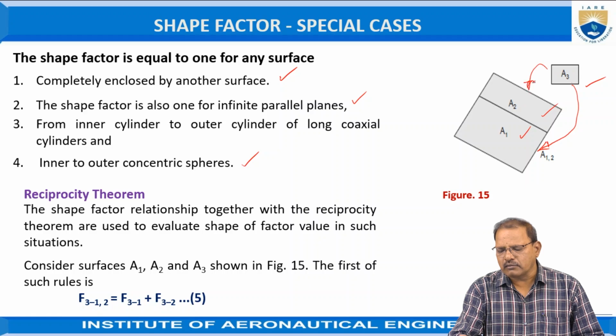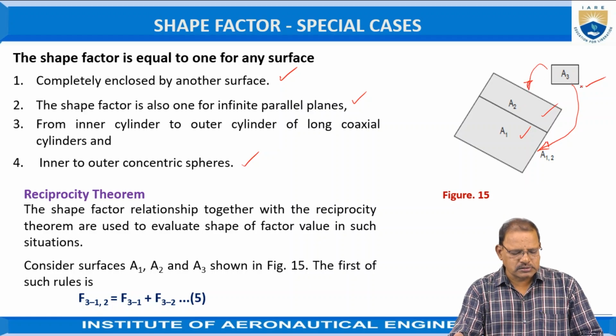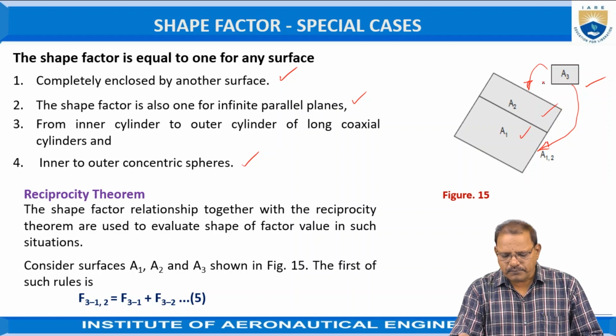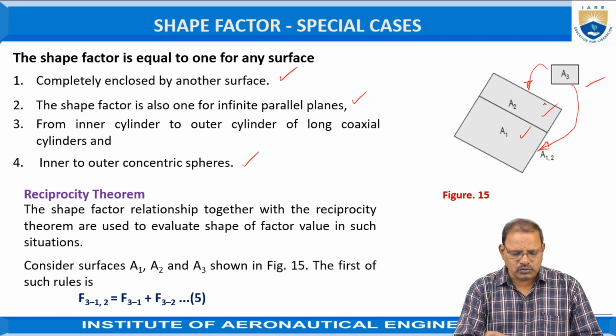Similarly, the second one, the shape factor can be expressed as F3(1,2), which is equal to the sum of the shape factors F31 plus F32 now.